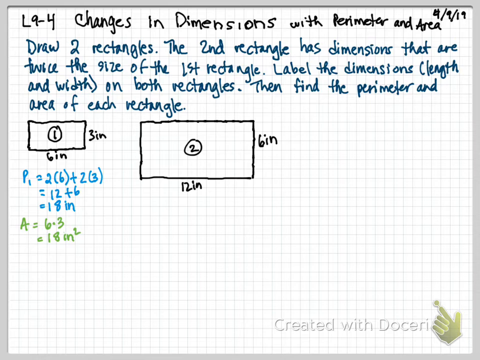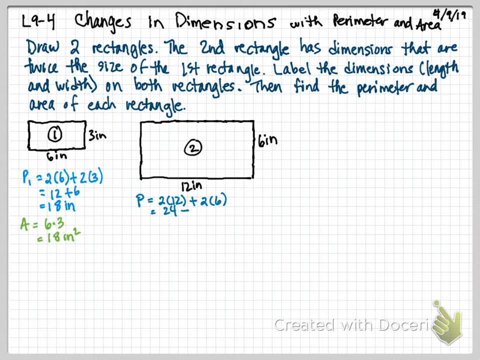So in your mind for right now, I just want you to think to yourself, what do you think is going to happen when I double the dimensions, so in figure 2, what do you think is going to happen to the perimeter? Okay, so you got that idea in your mind. Let's see what happens. So we're going to have 2 times 12 plus 2 times 6.